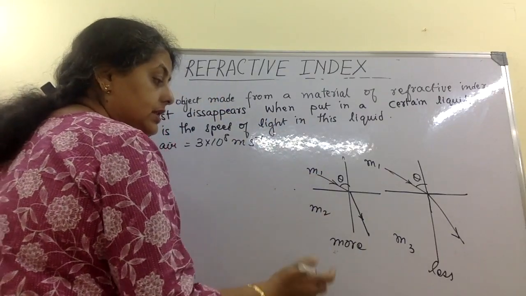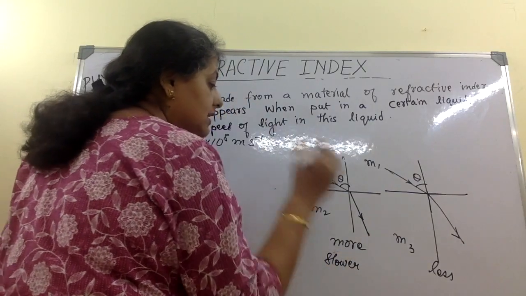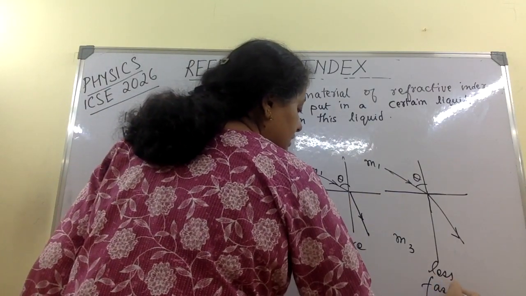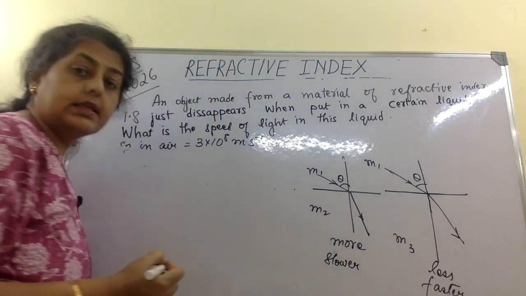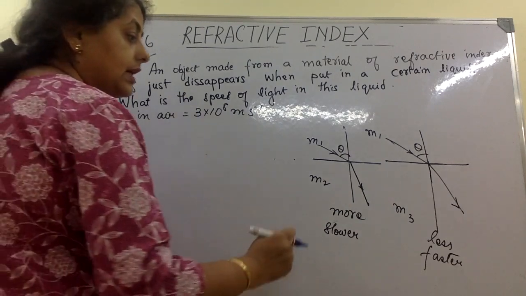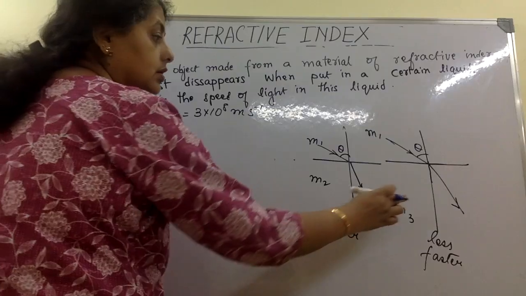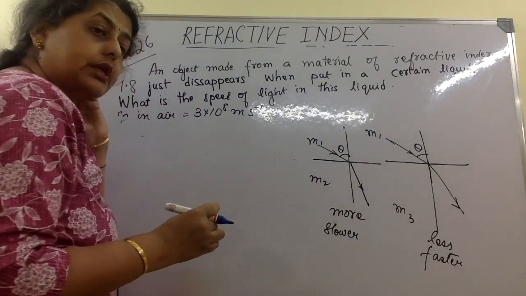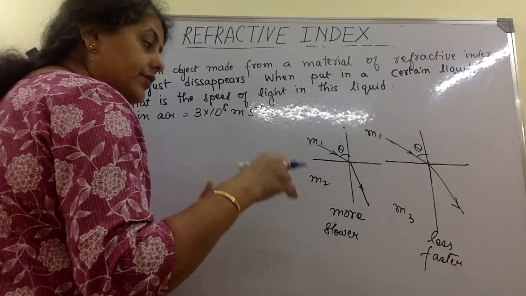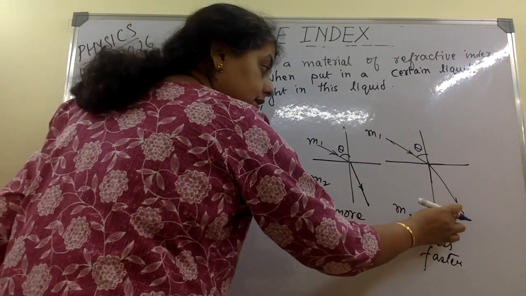When the refractive index is more, light travels slower. When it is less, light travels faster. So if it is bending less, it is getting faster speed in this medium.